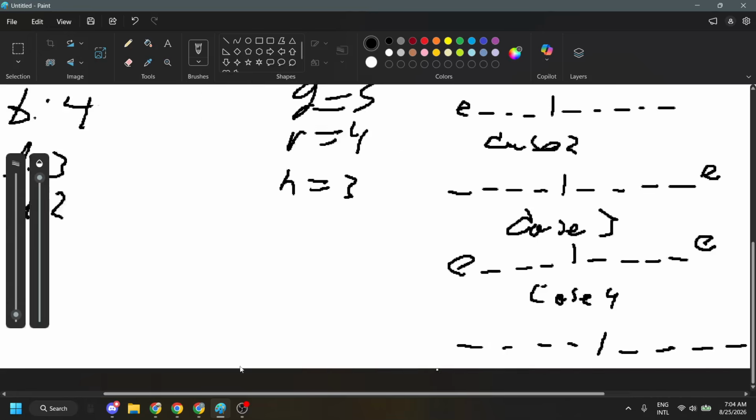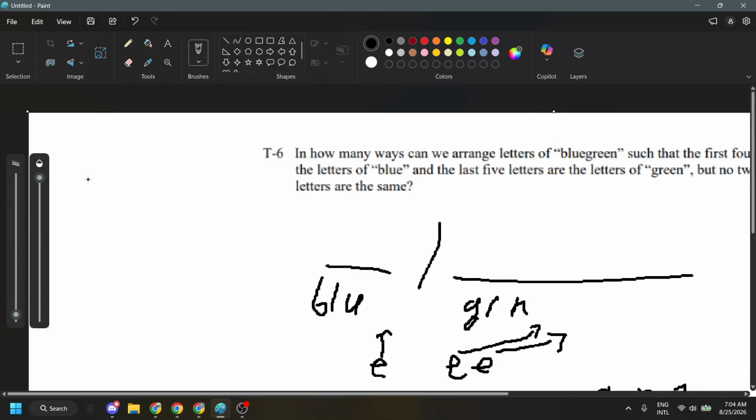Or maybe I should split this up differently. Maybe I should do case 1 blue is E blank blank blank bar. Case 2 is going to be blank blank blank E bar.